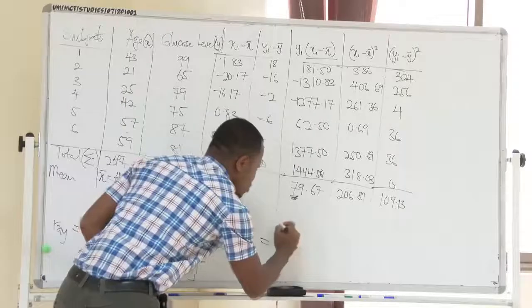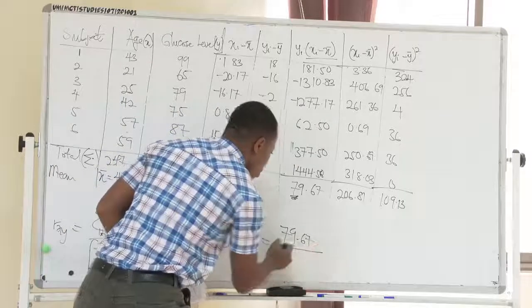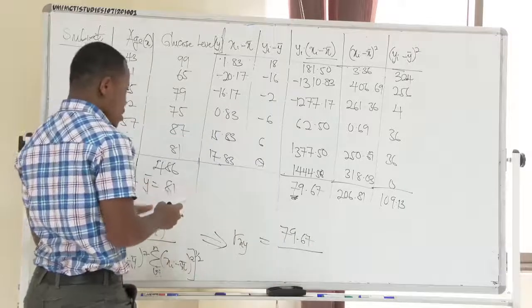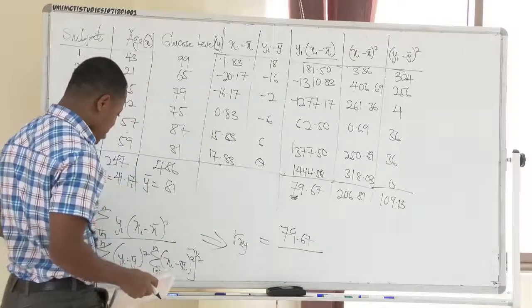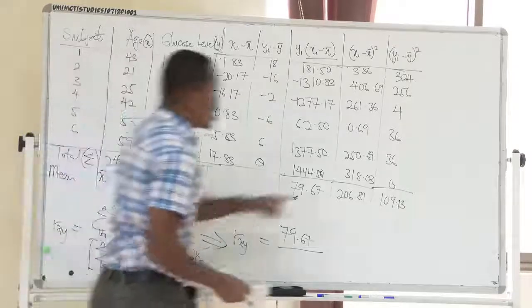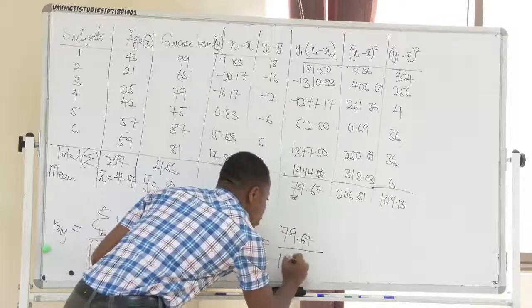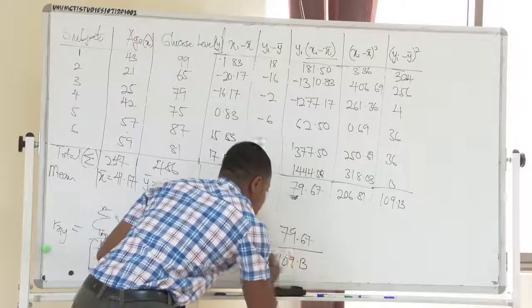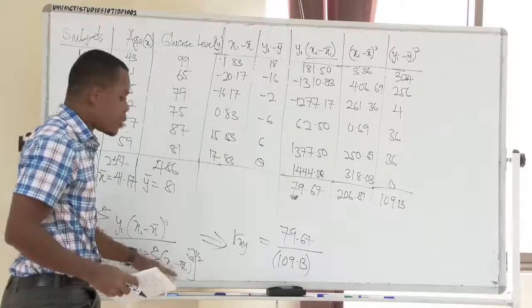So this will be equal to 79.67 all over the lower part. For the lower part, we estimated the first part as 109.13.